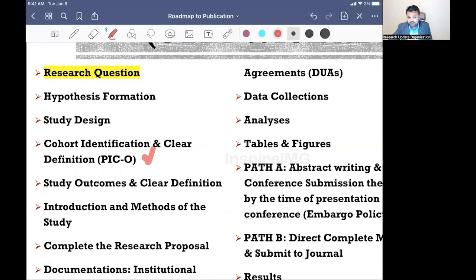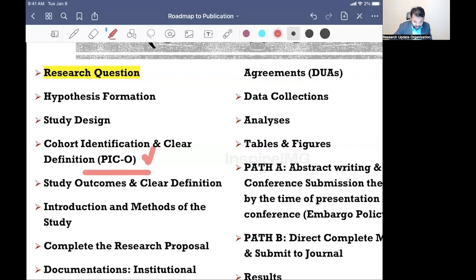The definition of tuberculosis for an internal medicine physician is different than for a radiologist, or a researcher who uses a survey to identify, or a pathologist who identifies on the basis of lab results, or an anatomist who identifies using autopsies. So the definition of population, intervention, comparison, and outcome is most important.